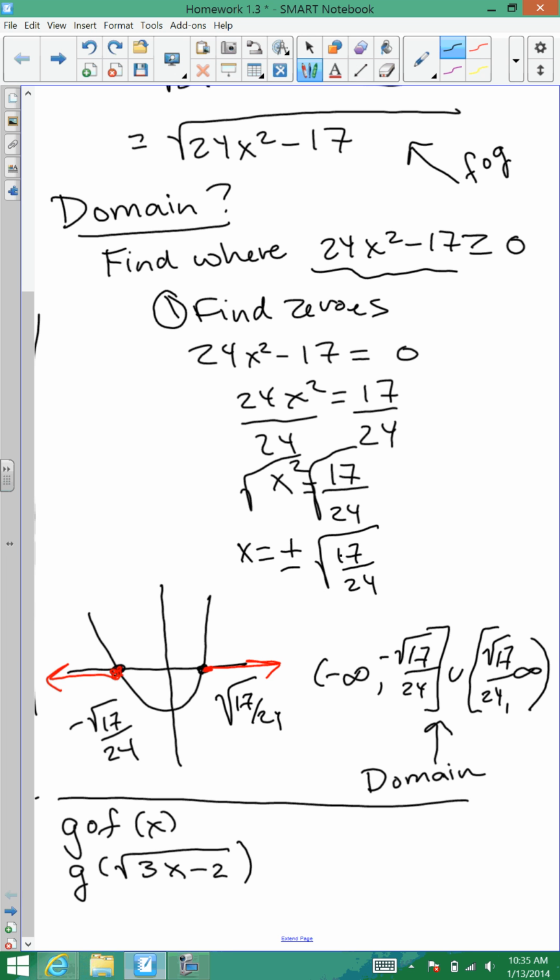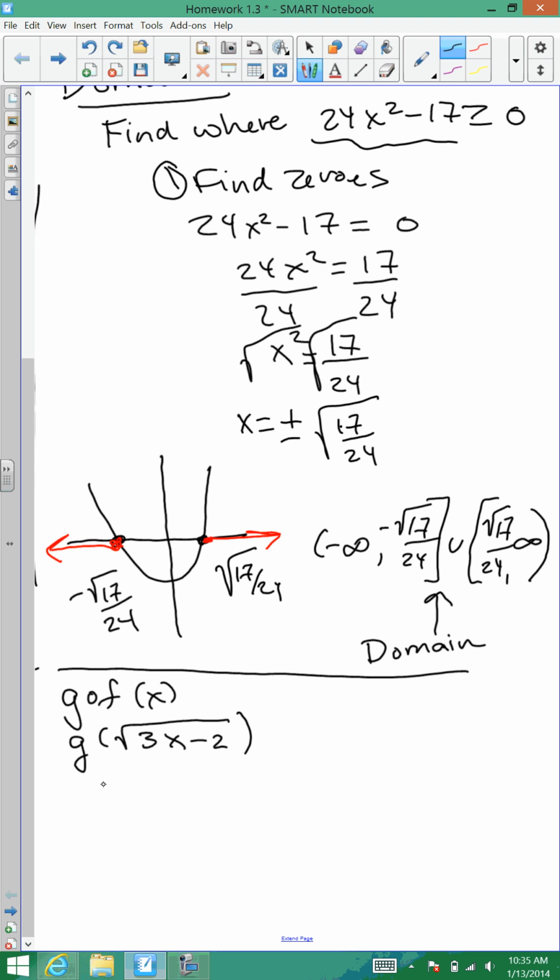And so we're going to plug that into g, which was 24x squared minus 17. So we're going to get 24 times 3x minus 2, squared, minus 17 as our g of f of x function.